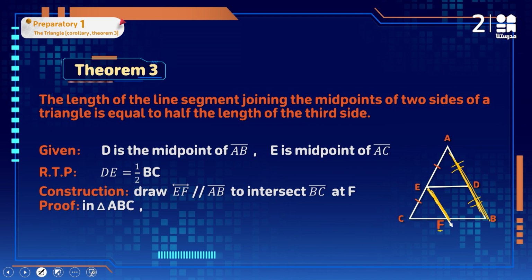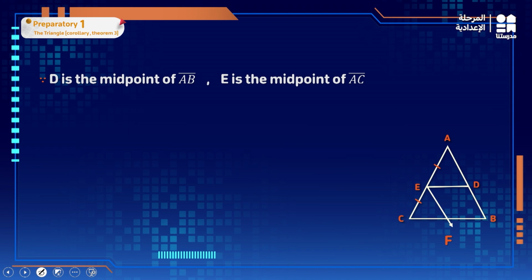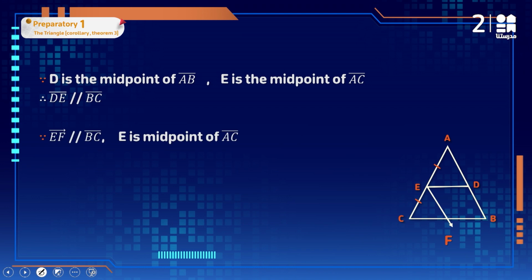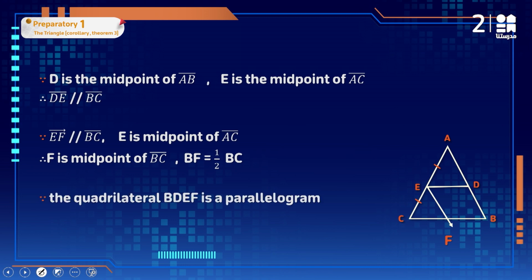Proof: in the triangle ABC, D is a midpoint of AB and E is a midpoint of AC. Therefore, DE parallel to BC. Then, since EF parallel to AB, E is a midpoint of AC, therefore F is a midpoint of BC and BF is half BC.